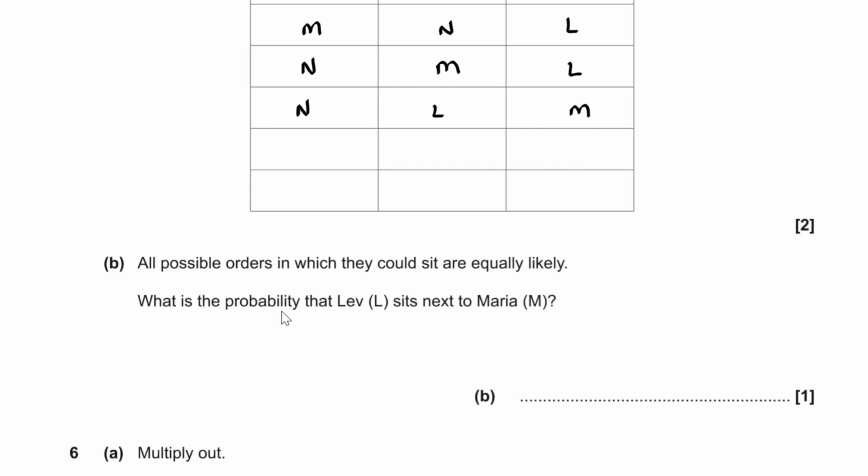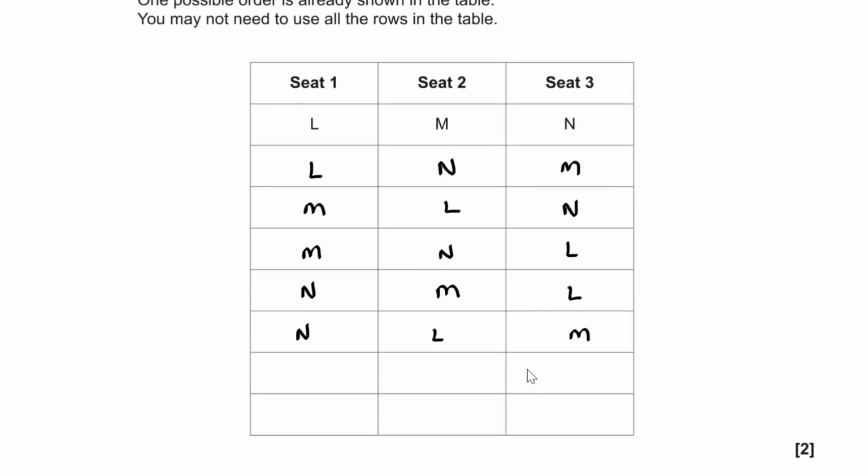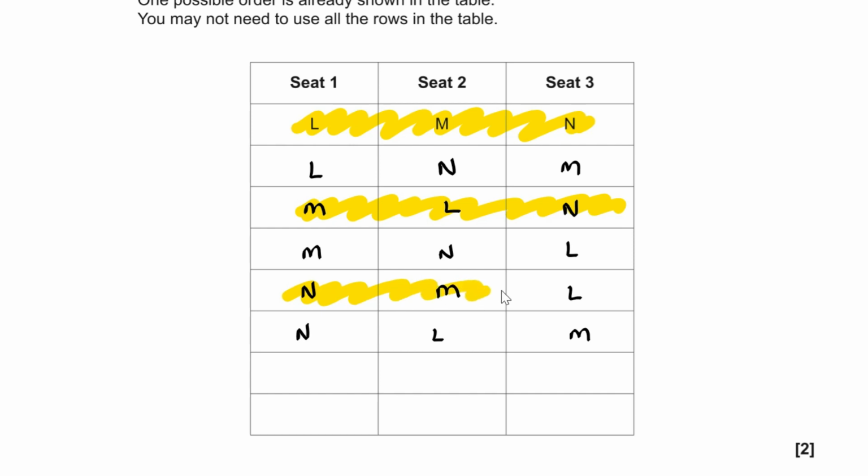What is the probability that Lev sits next to Maria? So we're looking for L being next to M. Well, L is next to M here. L is also next to M here. L is also next to M here.